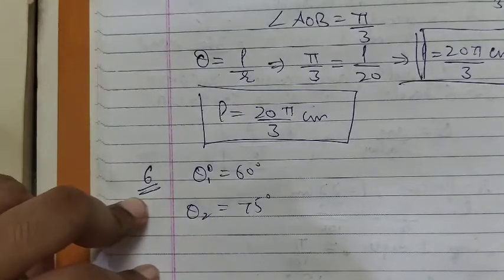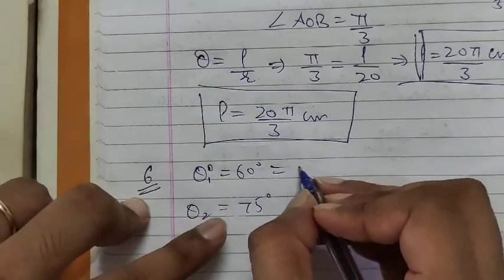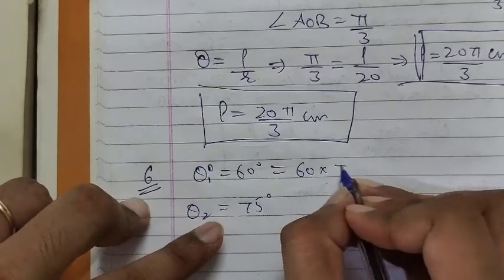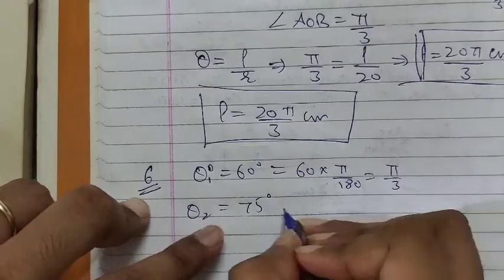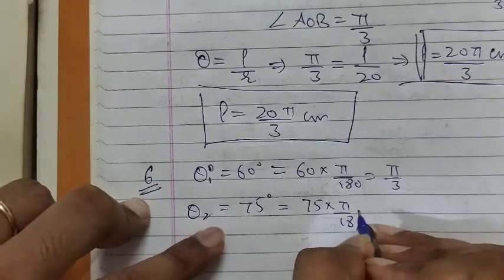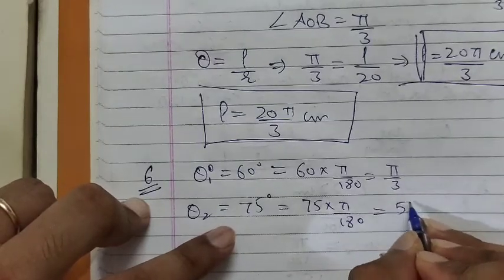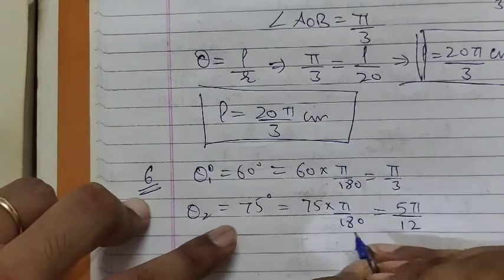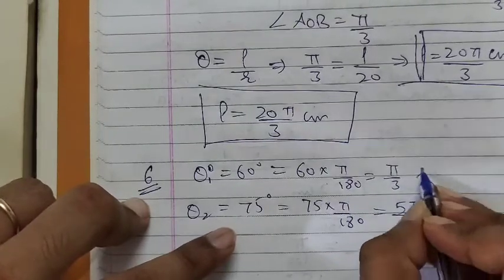If we convert these degrees into radian, 60 multiplied by pi upon 180 is pi by 3, and 75 multiplied by pi upon 180, when we simplify, gives 5 pi upon 12 radian, right?